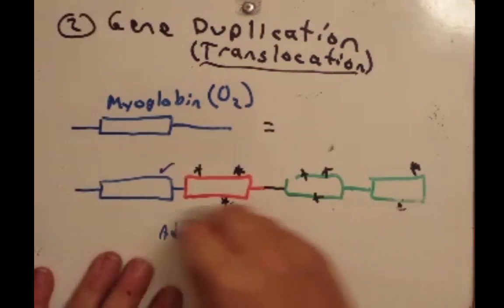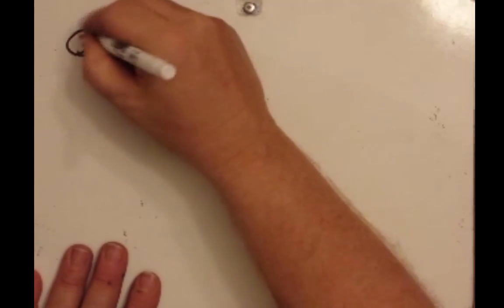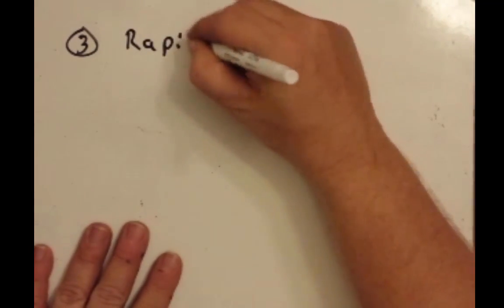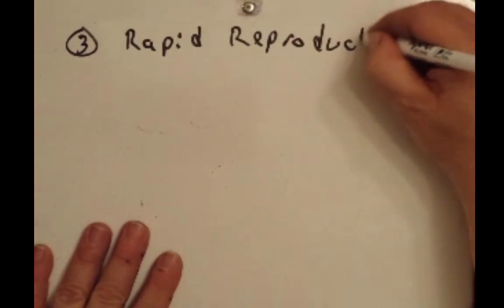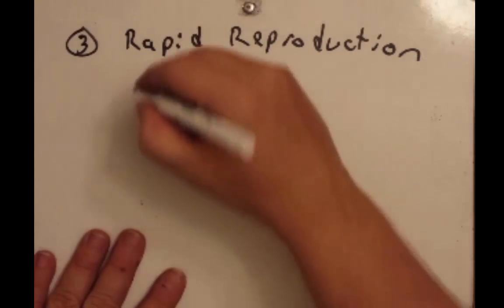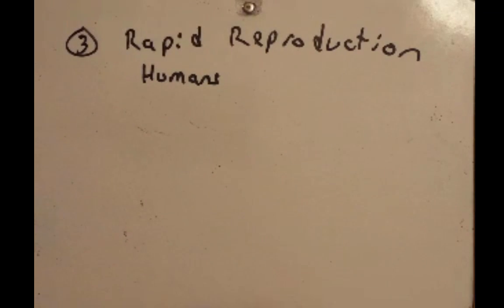The next two are not going to take quite as long to explain. And so the third way that genetic variation is increased is with rapid reproduction. So we can compare a few different organisms. We know that humans, we don't have a rapid reproduction.